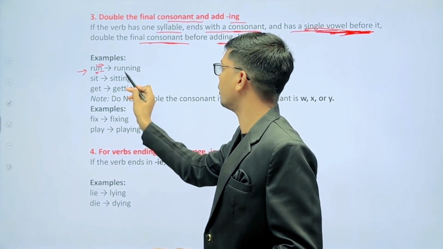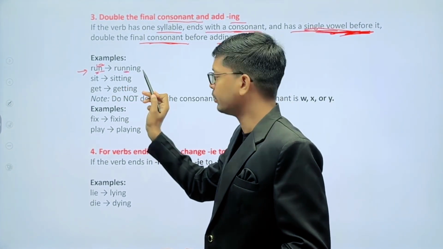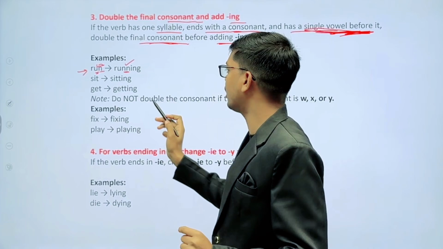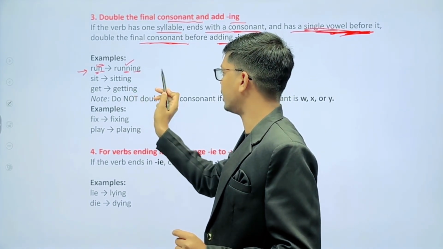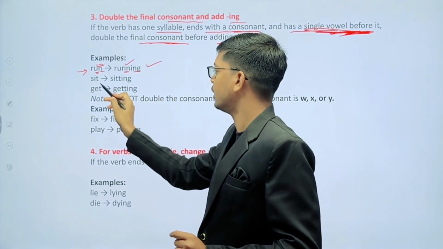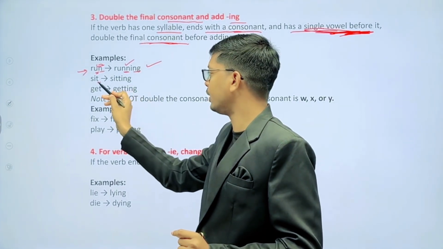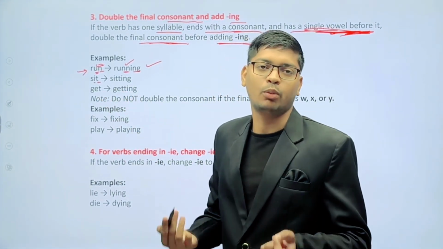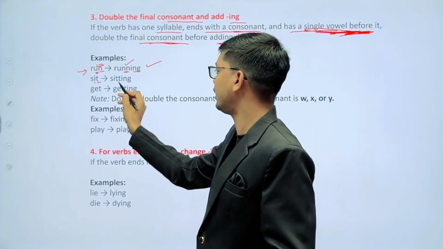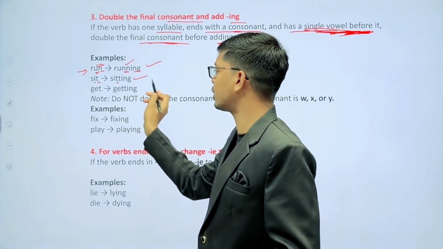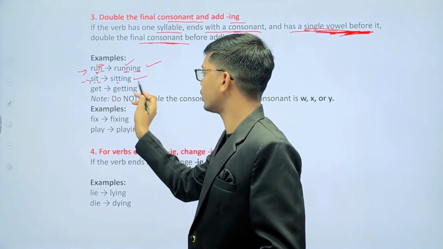We make it a double n and just add ing. It makes running. Like sit: before t, i is a vowel, so just double t and add ing. It makes sitting.